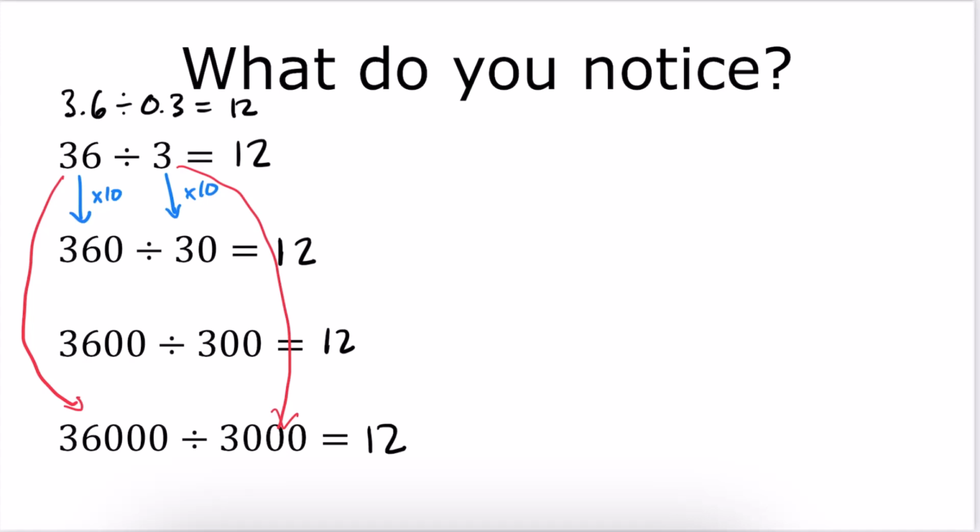And you could also notice that 36 divided by 10 equals 3.6, and 3 divided by 10 equals 3/10. And so it looks like if you multiply or divide both parts of any division problem by the same number, then the answers will always be the same. And this is the concept that we use when we're dividing decimals.